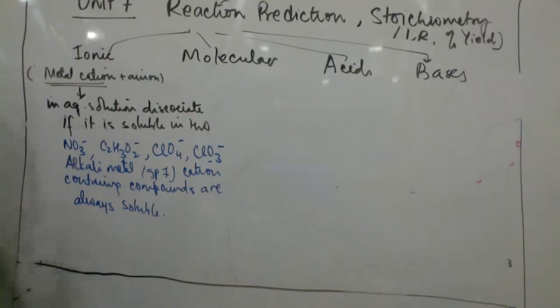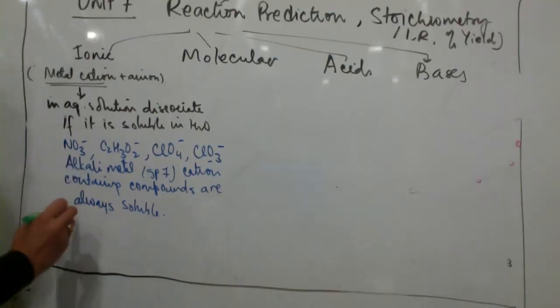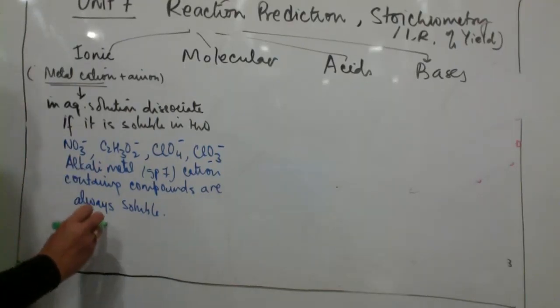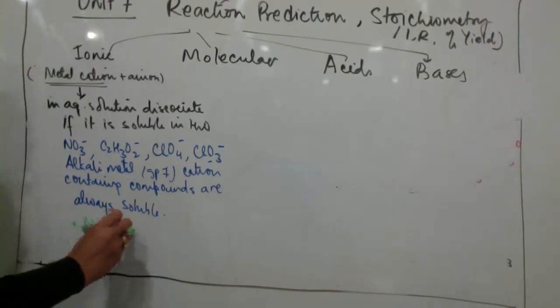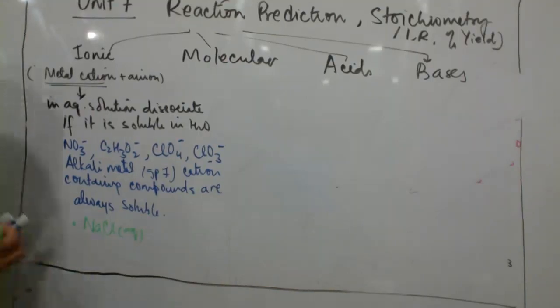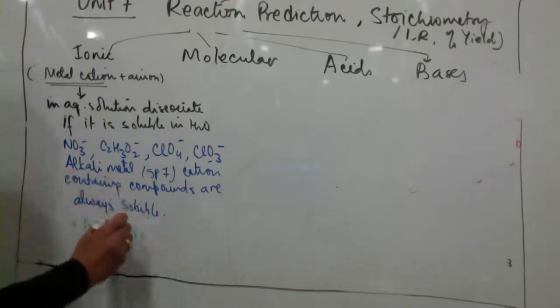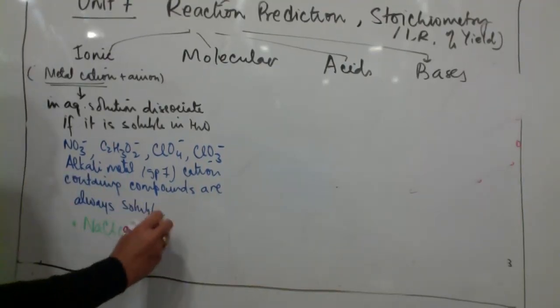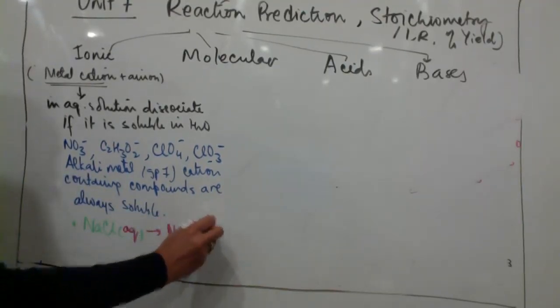One thing to remember here, guys, is that NaCl, according to the solubility rules, is soluble. If it is an aqueous solution of NaCl, then you write it dissociated.